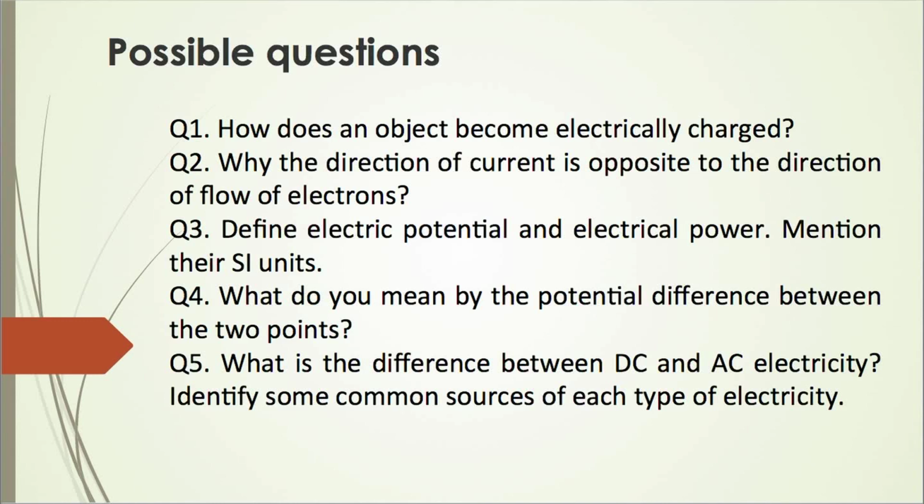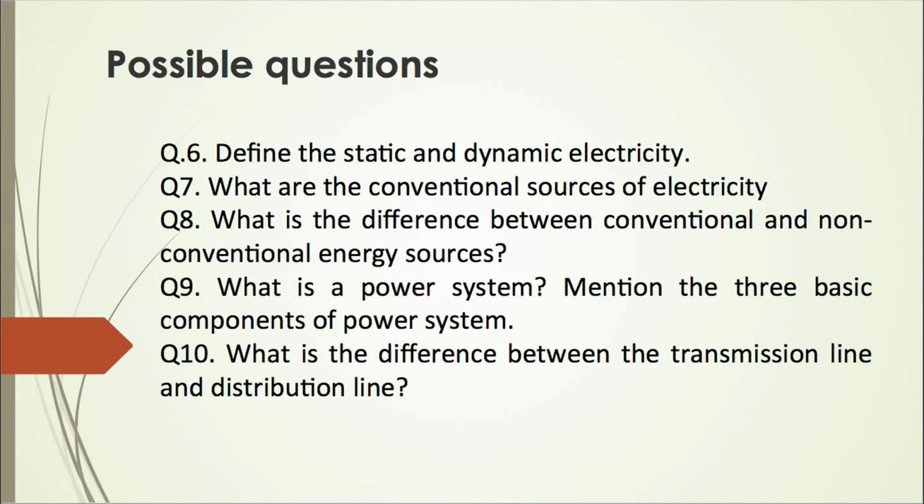Identify some common sources of each type of electricity. Then define static and dynamic electricity. What are the conventional sources of electricity? What is the difference between conventional and non-conventional energy sources? What is a power system? Mention the three basic components of a power system. What is the difference between a transmission line and a distribution line?